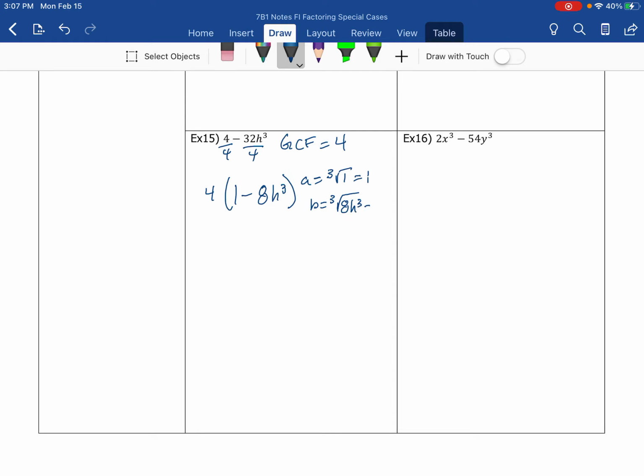In this case, A is the cube root of 1, which is 1, and B is the cube root of 8h cubed, which is 2h. So I bring my 4 down and use the formula. It's going to be 1 minus 2h times 1 squared plus 1 times 2h plus the quantity 2h squared.